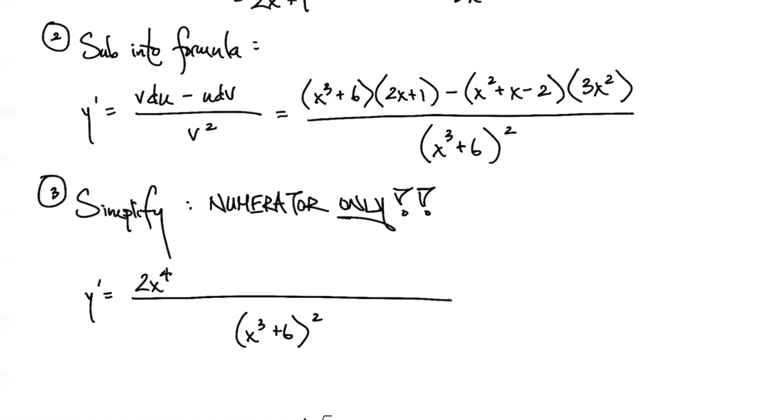plus x cubed plus 12x plus 6. So all of this becomes these first four terms. And then in the privacy of your own home, if you could multiply out the second clump of things, including this minus sign, tell me what I should write for the second part.